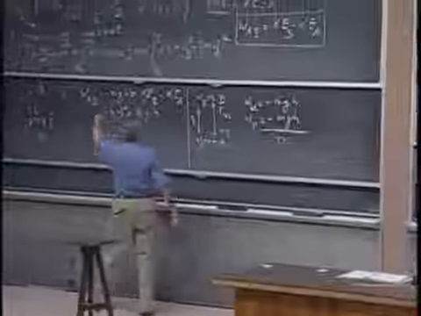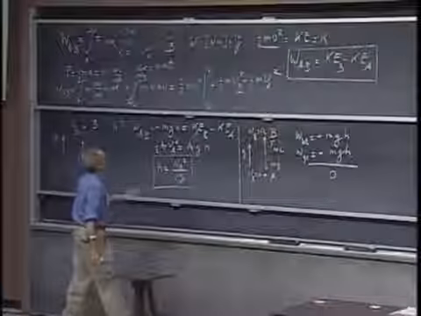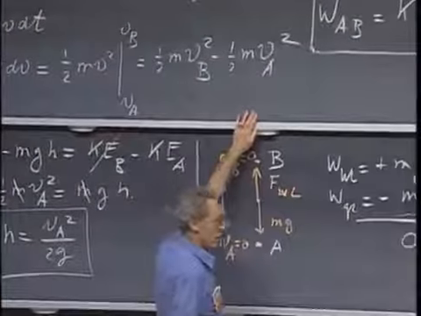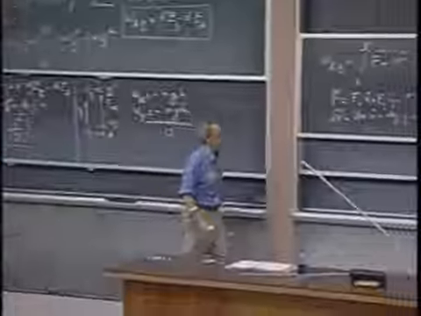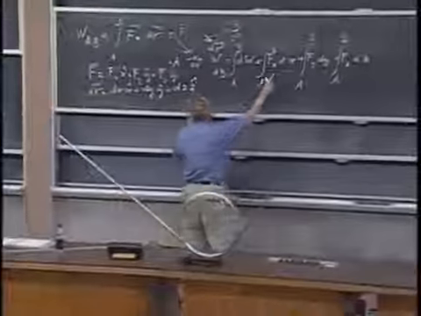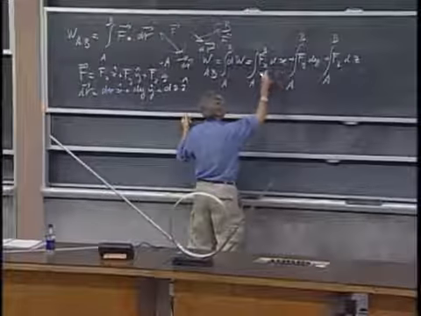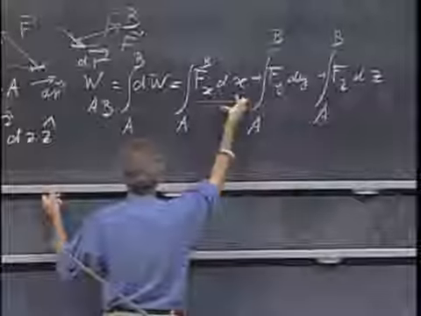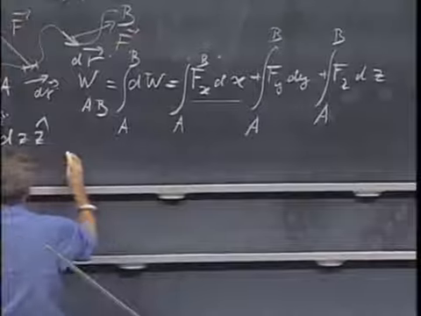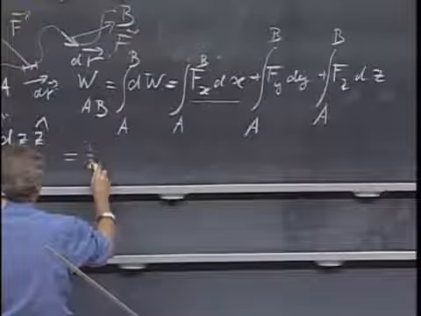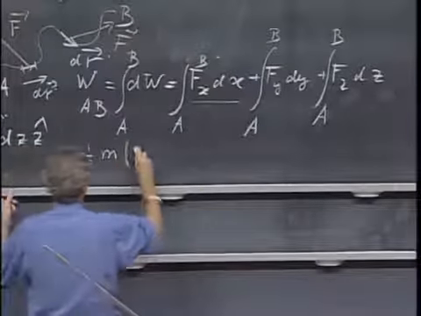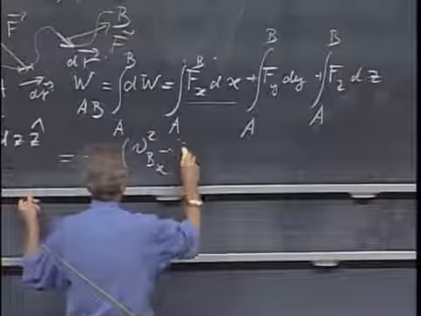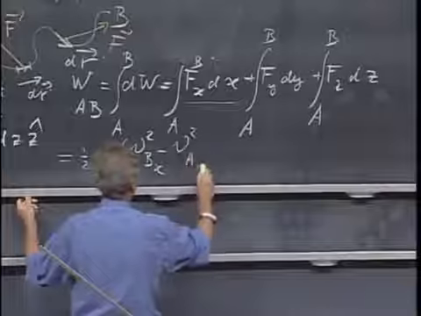The integral f dx, we found that is 1/2 m vb squared minus 1/2 m va squared, which in this case is obviously the velocity in the x direction, because this is a one-dimensional problem. And the one-dimensional problem indicates that the velocity that I'm dealing with is the component in this direction. So we have that this is 1/2 m vb squared, and this is the x component, minus va squared, and that is the x component.